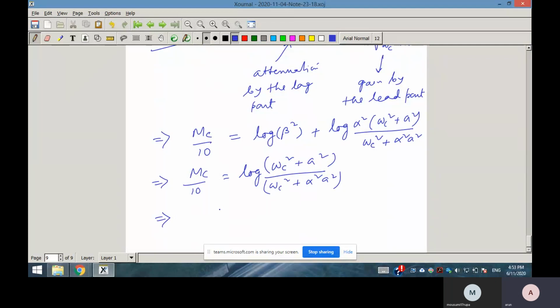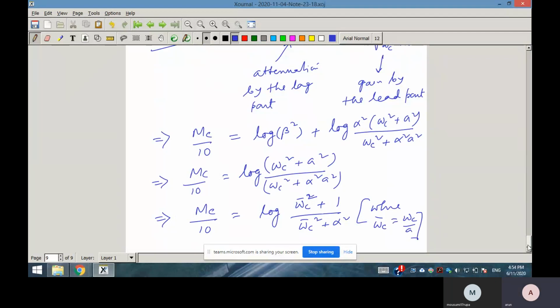That I had denoted as omega c bar. So the same notation I will follow. So this is equal to log of omega c bar square plus 1 divided by omega c bar square plus alpha square. Here again I am writing omega c bar equal to omega c by a.